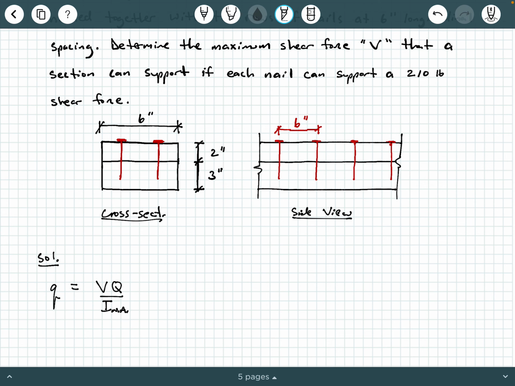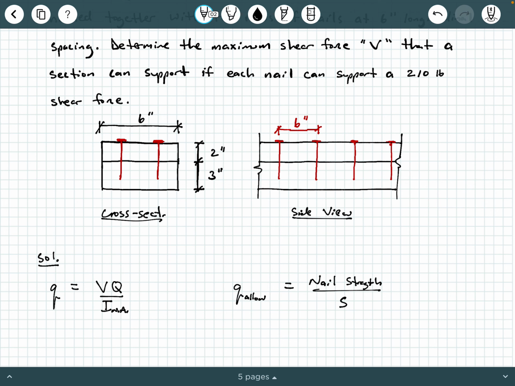So let's go ahead and get what we would call q allow, all right? q allow is going to be the nail strength divided by the nail spacing, all right?